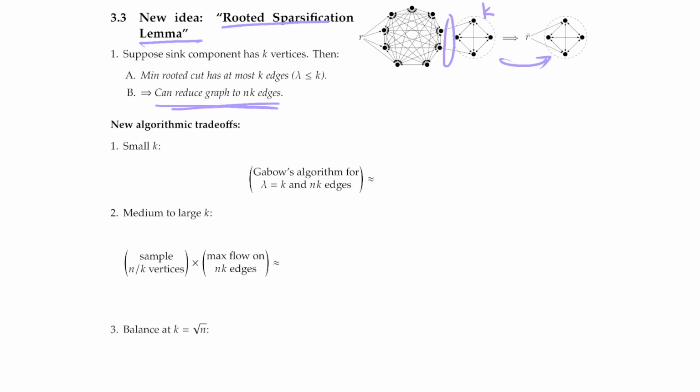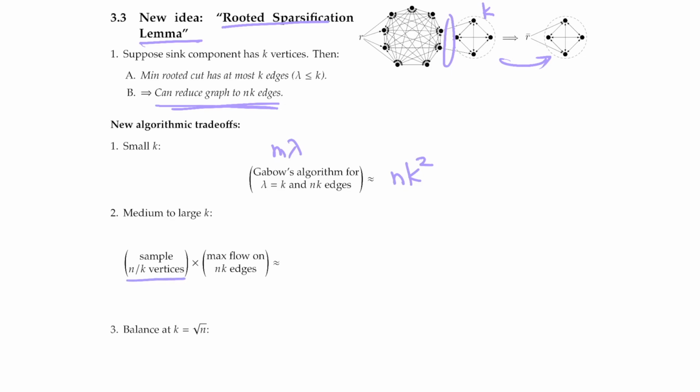So if k, the number of vertices in the sink component, is very small, then when we run Gabow's algorithm, which normally took m lambda time, for lambda about k and for nk edges, then we'll get nk squared time. On the other hand, when k is very large, then we can take the max flow approach.